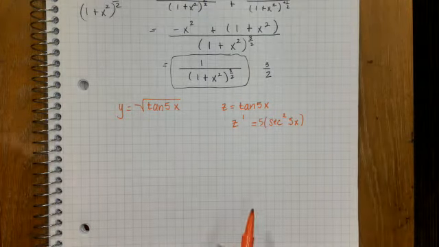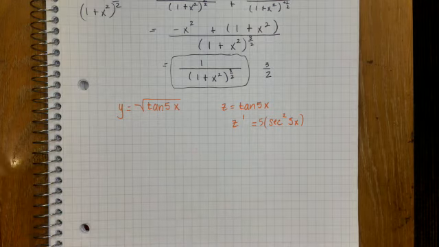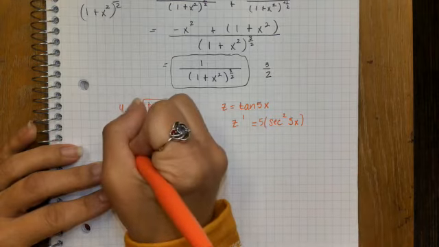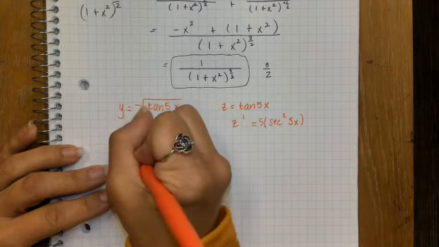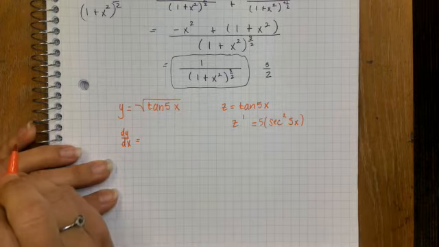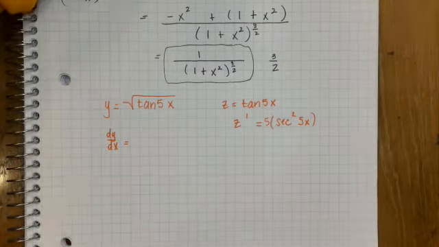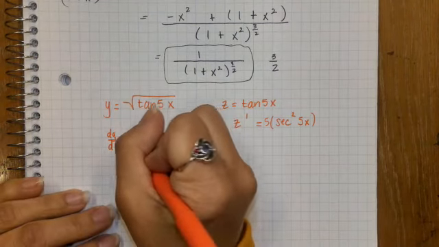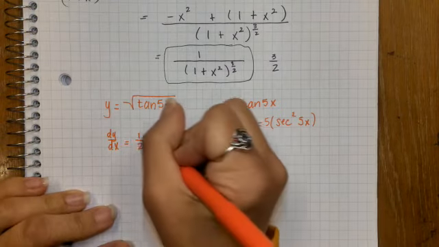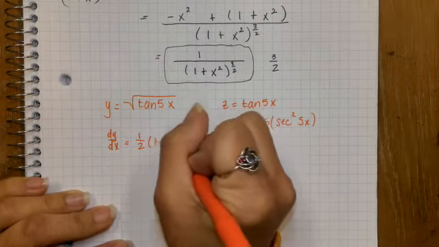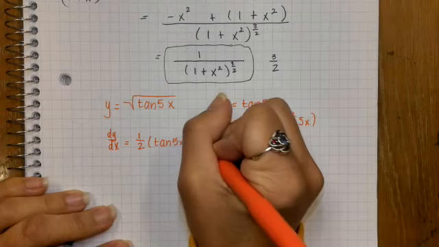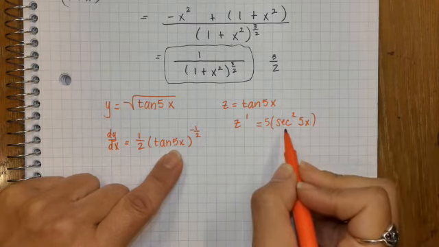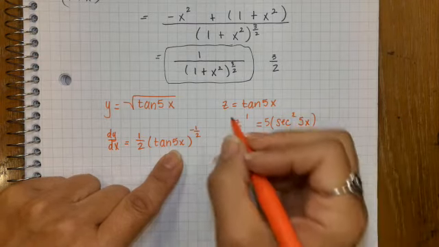Okay, so that's the derivative of tangent 5x, but now we have to throw in the fact that it's the square root of the tangent of 5x. So dy dx. You want to think of it as the tangent of 5x to the 1/2, which is what you should do. So it's 1/2 the tangent of 5x to the negative 1/2 times the derivative of what's inside, and the derivative of what's inside is 5 secant squared 5x.